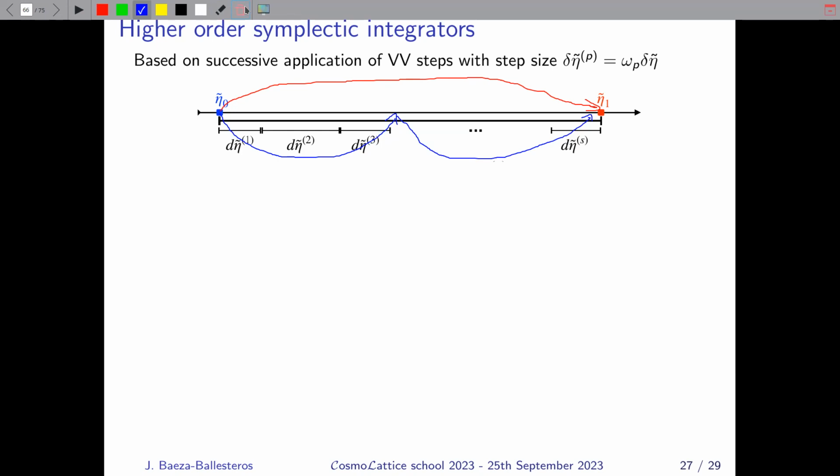And in this way, we will achieve an order delta t squared precision, which is fine in some cases, but in some other cases you may want to go to a very big precision, and just reducing the time step is not efficient. The efficient way is to improve your algorithm.